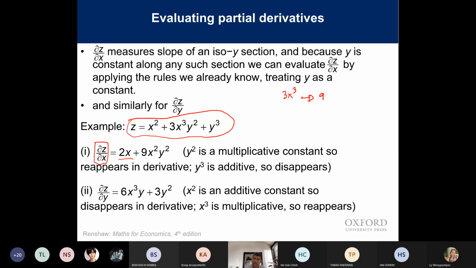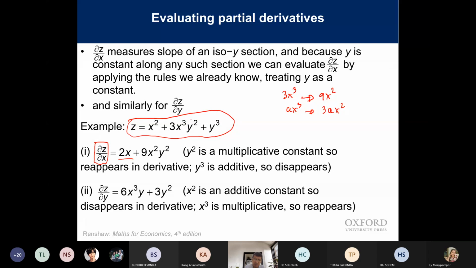Yes, it's going to be 9x squared. How about if I say ax cubed, where a is just a constant? What will the derivative be? It will be 3ax squared, right?